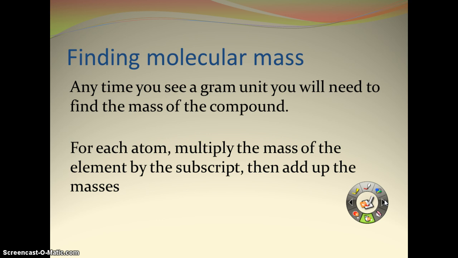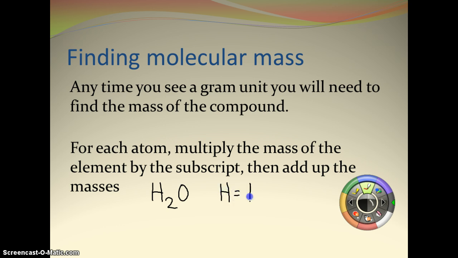So for example, if I have H2O, we have hydrogen, which weighs 1 AMU, and in our compound we have 2 of them. We're going to multiply that by 2. That gives us 2.